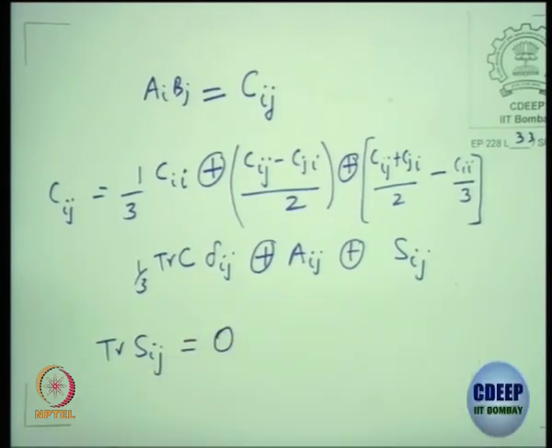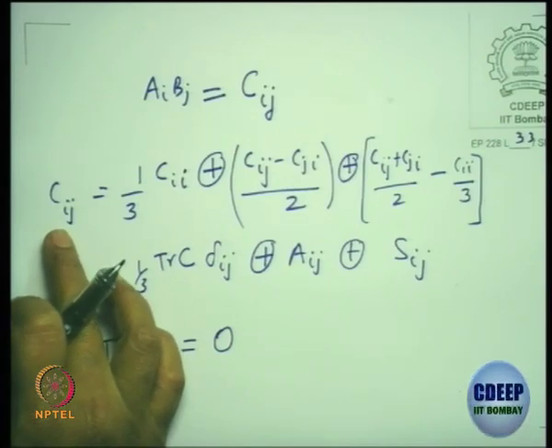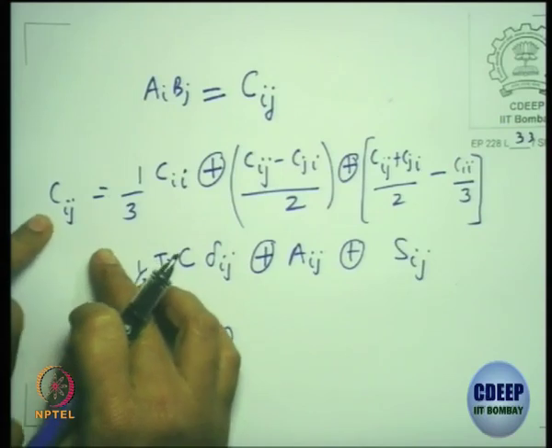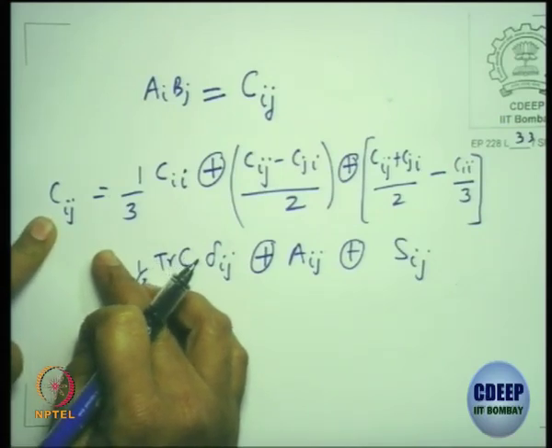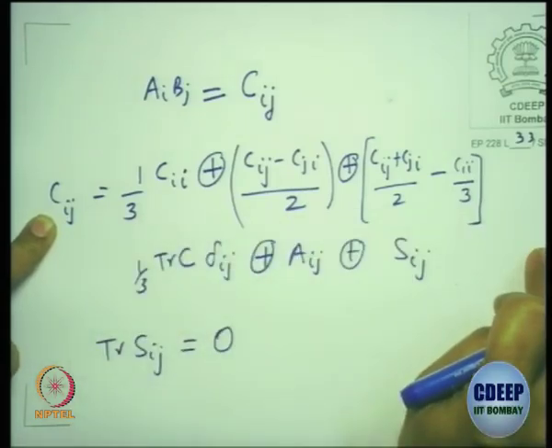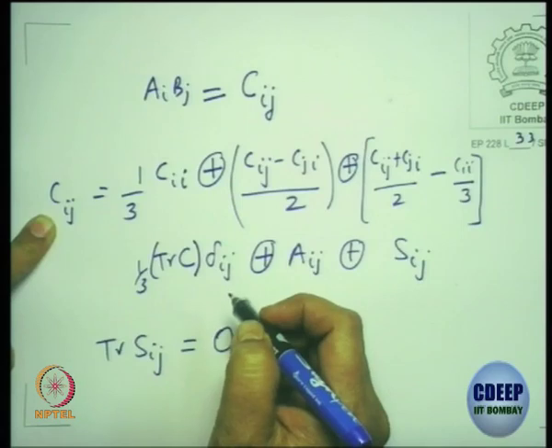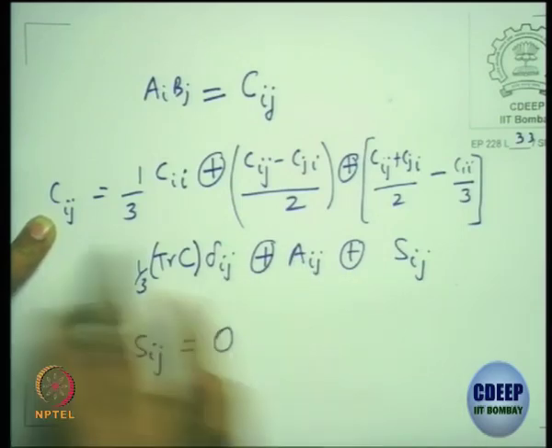So what did I do? I just rewrote the same element, which was on the left hand side a reducible element. I resolved the same element into 3 pieces, delta Ij, and I put it as trace C times delta Ij so that the Ij elements are ticked.